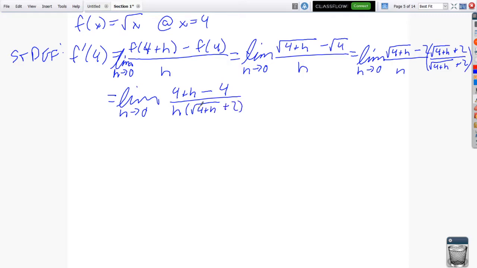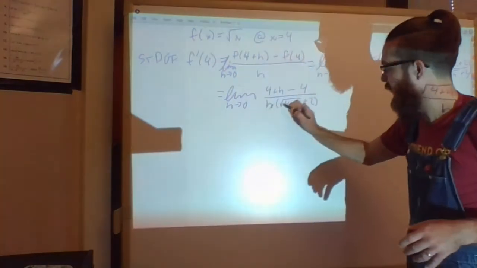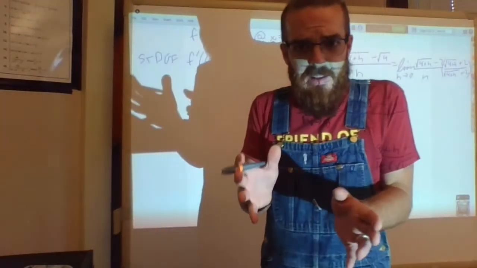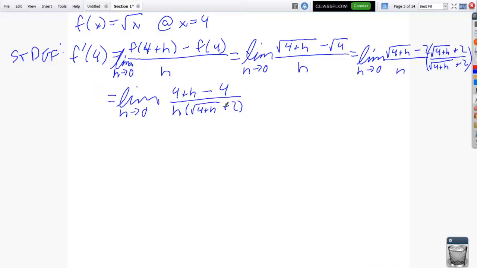Now, if you don't understand why I didn't distribute that h in the denominator, well, look forward a couple steps and you might be able to figure it out. And if you still can't figure it out, don't worry, it's coming up here in just like 1 second. 4 minus 4. Now look at that.